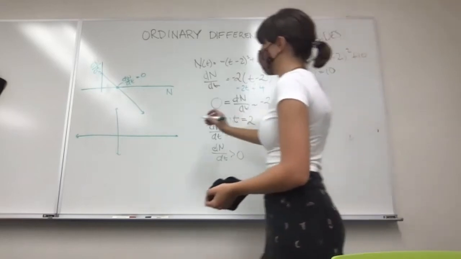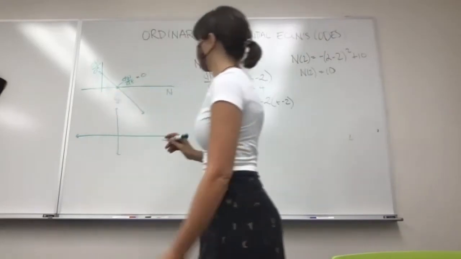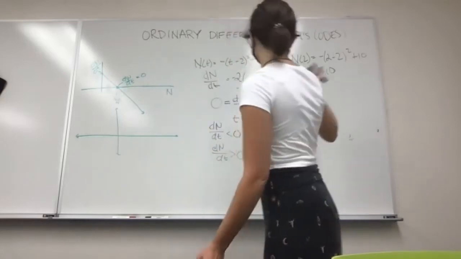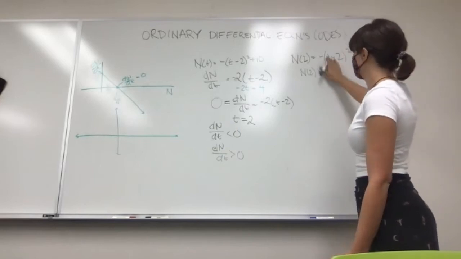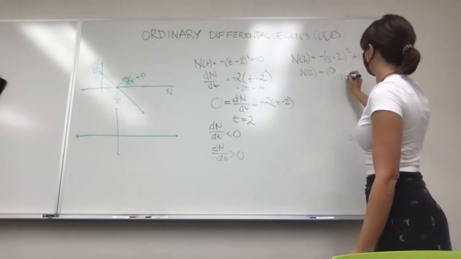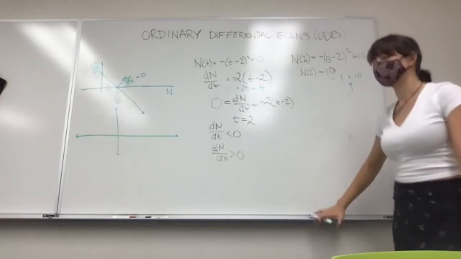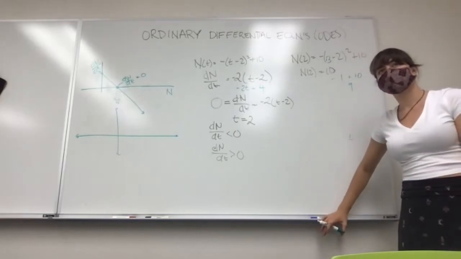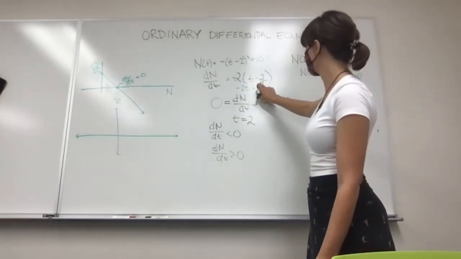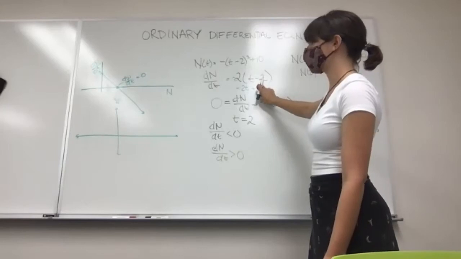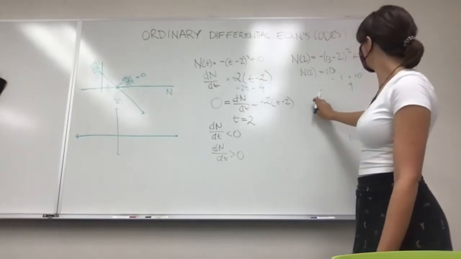That would be 10 in n, but it would be 0 for dn/dt. So now let's pick, what if t is 3? It would be 3 minus 2, which is 1, so n would be 9. And dn/dt, plugging in 3, would be 3 minus 2, so negative 2.